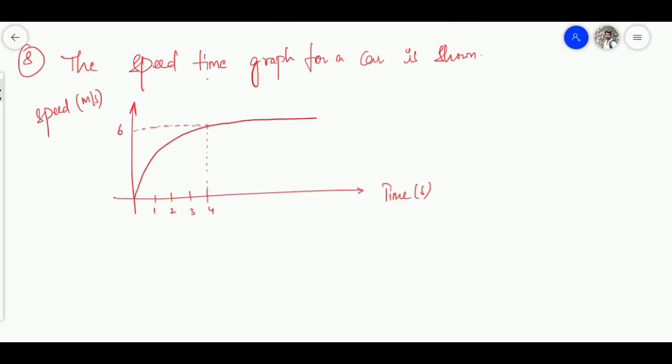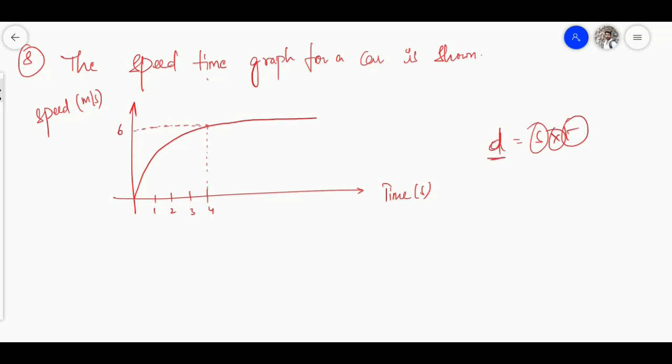Coming to the 8th question, I haven't written the whole question here, but I have taken the graph. Coming to part A, we have to find how far the car travels in the first 4 seconds. Shade the area on the graph that represents the distance traveled by the car during this period. You have to just represent the area under the curve on the graph. The distance equals speed into time. This is the x-axis term and this is the y-axis term, with a multiplication between them.